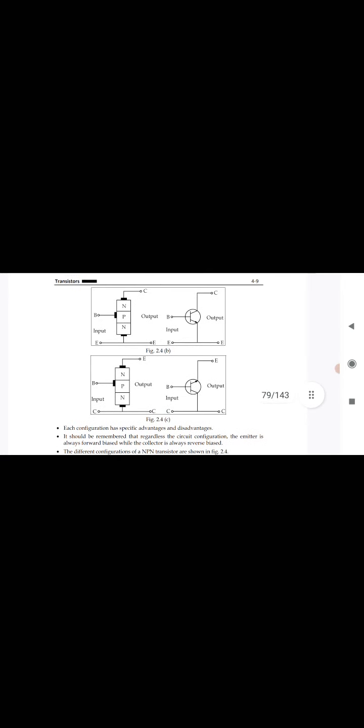Next, common emitter configuration. In this, the emitter terminal is taken as common. E represents emitter. Emitter is taken as common to input and output.